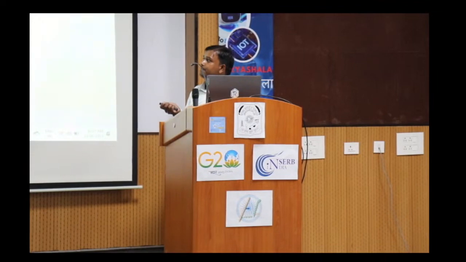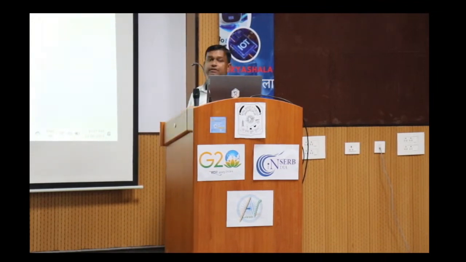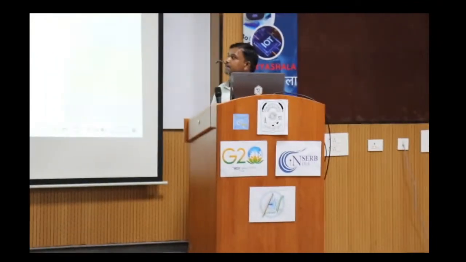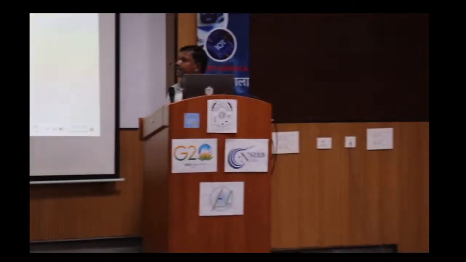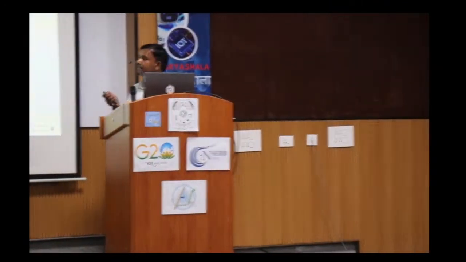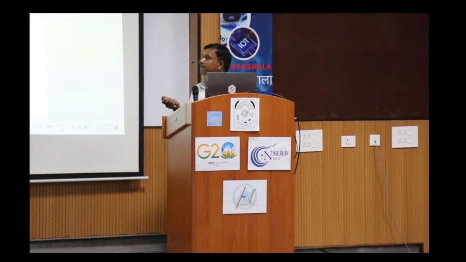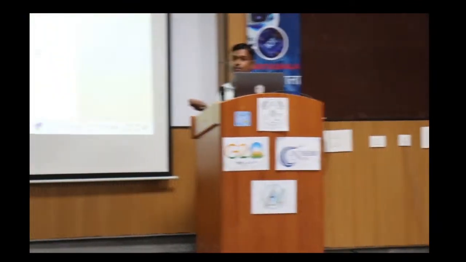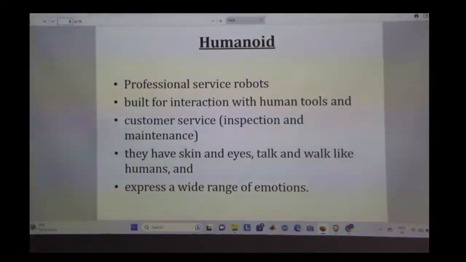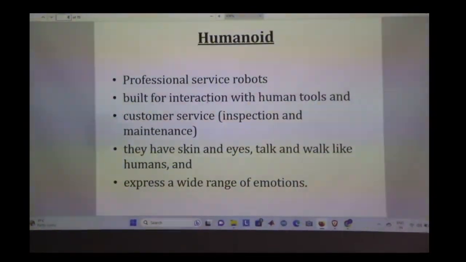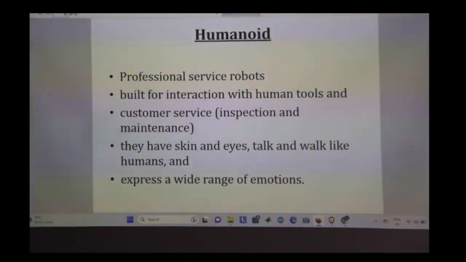Then they are built for interaction with humans, for tasks such as customer service, inspection and maintenance, and they have skin. See the point here, they have skin, they have eyes, they can talk, and they can walk like humans and express a wide range of emotions. These things were not there in the earlier robots, but now in the 20s, we are having robots which very much resemble humans and they are ready to replace us.